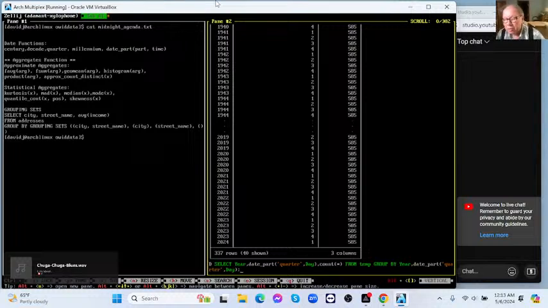Okay, this makes sense because this doesn't have all the data. It only goes up through the first quarter of 2024. That's what it is. Okay, very good.